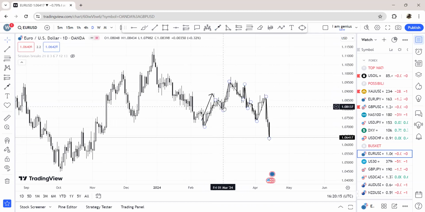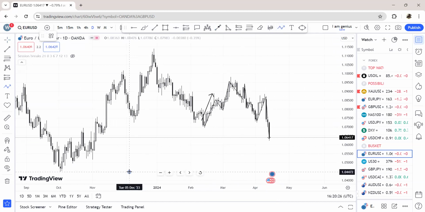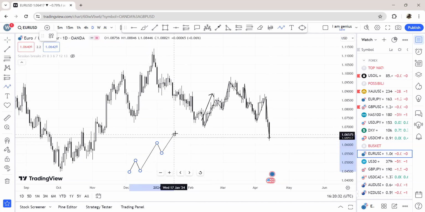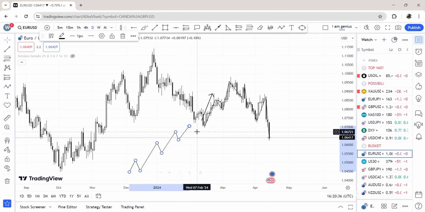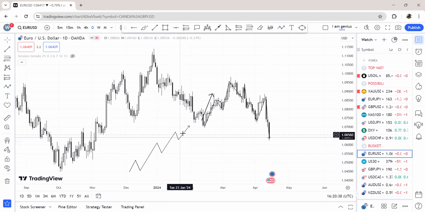Then we had this minor retracement, then that strong push upwards. Now we know that for an uptrend, the market has to keep making higher highs like this. There's a downward push, that upward move, then you have that upward push, then this downward move, just like that. So this is how you can tell that the market is in an uptrend.